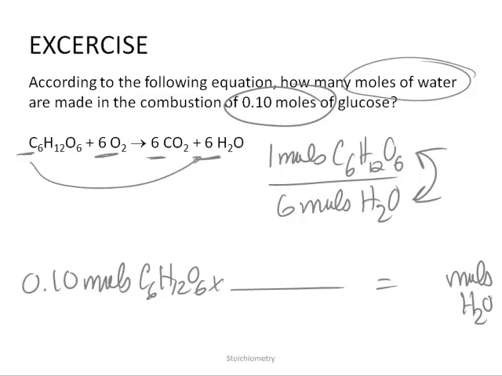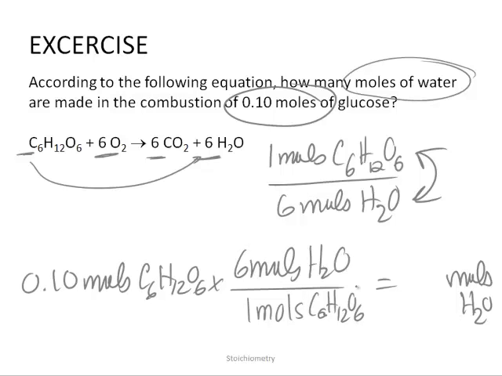Well, we want to convert moles of glucose to moles of water, so I'm going to cancel out moles of glucose. If I have 1 mole of glucose, I know I'm going to make 6 moles of water. Moles of glucose will cancel out, and so we get 0.60 moles of water.